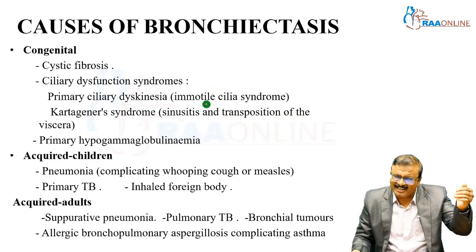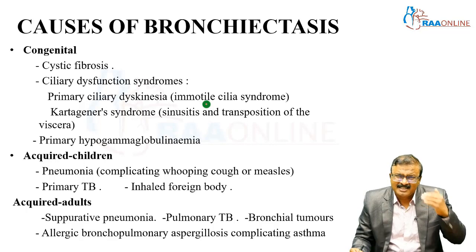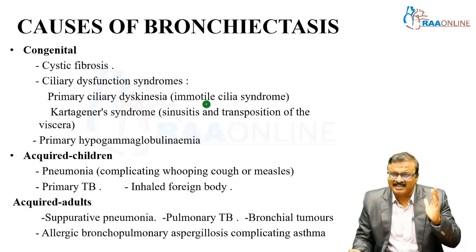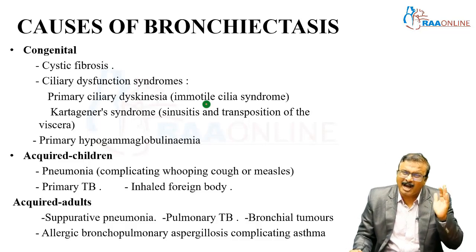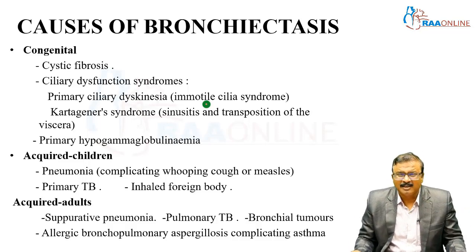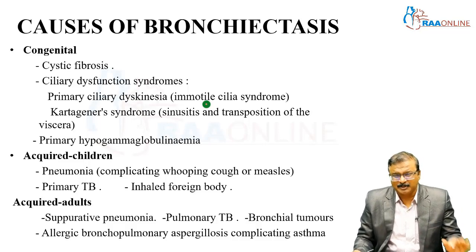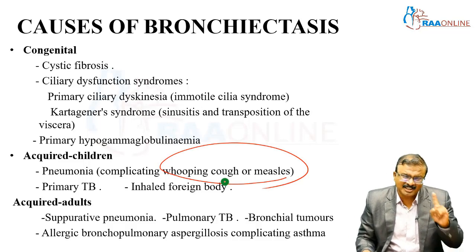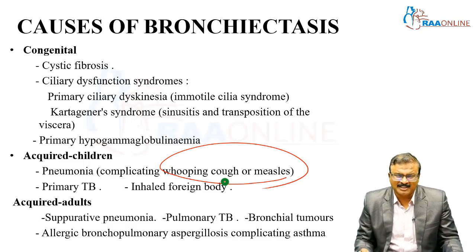Causes of bronchiectasis, starting with ciliary dysfunction: cystic fibrosis, a genetic condition, primary ciliary dyskinesia, Kartagener's syndrome, and primary hypogammaglobulinemia. These are theoretical aspects. As I told you, recurrent pneumonia, especially whooping cough or measles in the pediatric age group. You have to ask the past history.